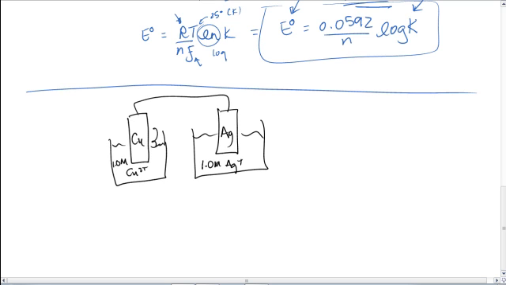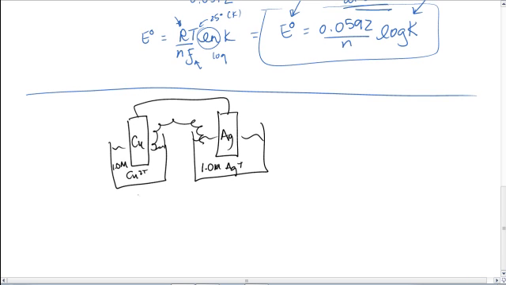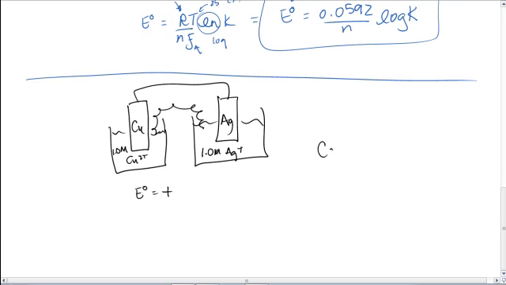We've got a wire connecting, we've got a salt bridge between them. And as we look at this, first of all, you can check, knowing that in order for this battery to work, E naught has to be a positive number.